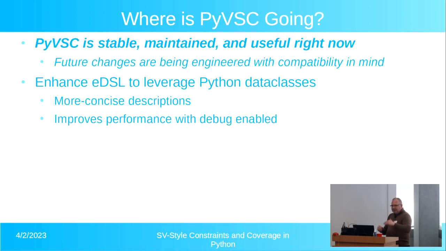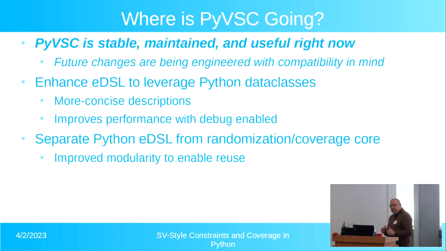That gets some user interface improvements as well as improving performance in debug cases. There are some costs that are hidden there when you can't assume that a class is of a given type. Python's dynamic nature cuts both ways.